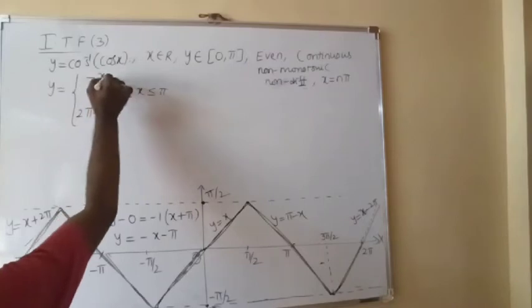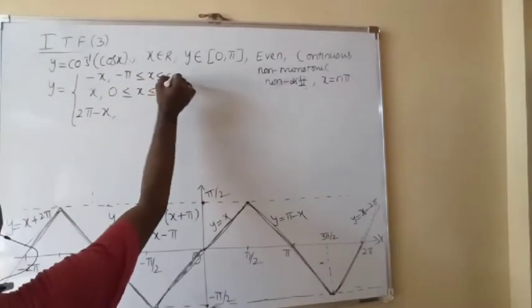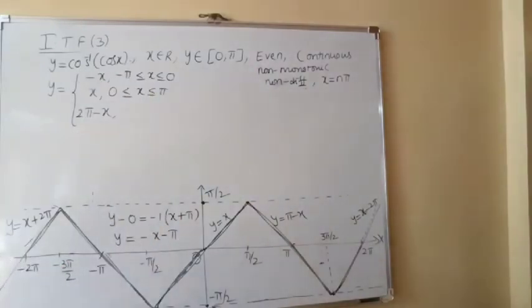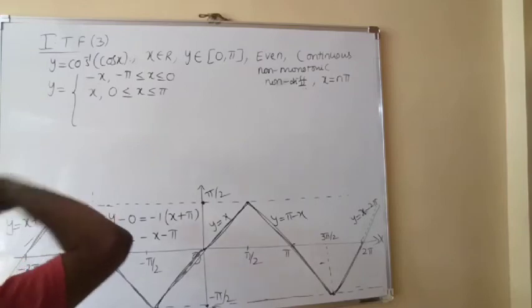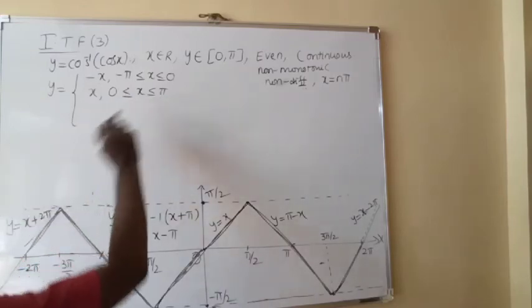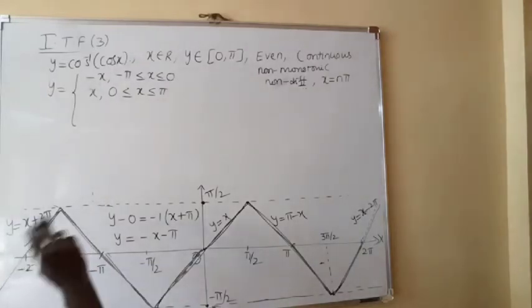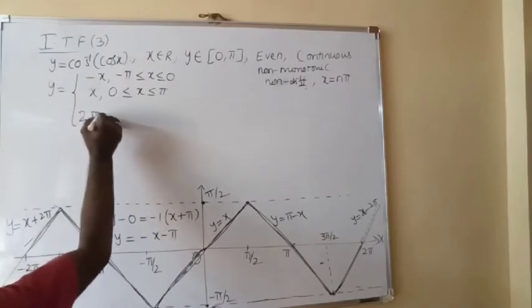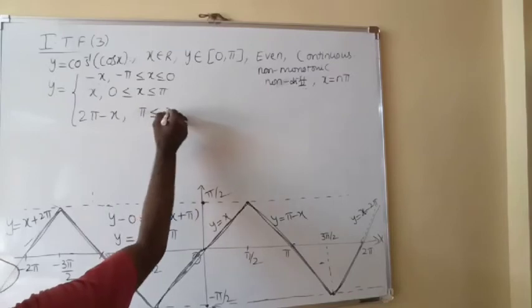It is minus x when x lies between minus pi to 0, and it is x plus 2 pi when x lies between minus 2 pi to minus pi. It is equal to 2 pi minus x when x lies between pi to 2 pi.